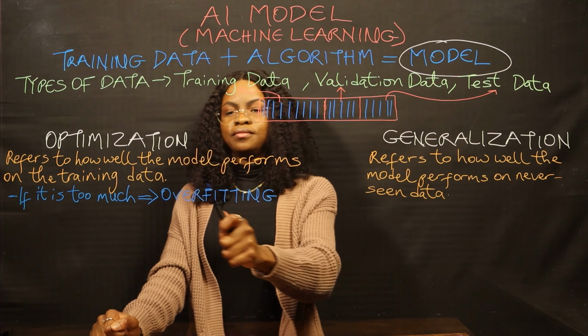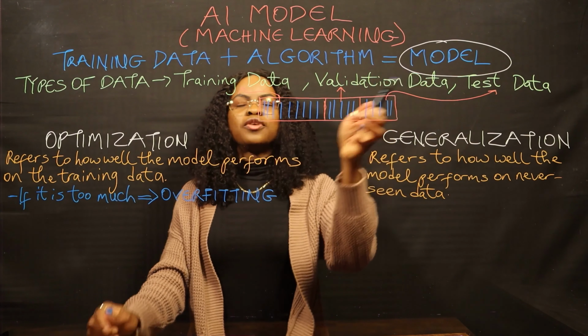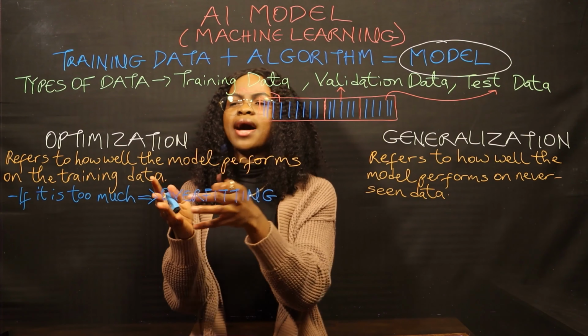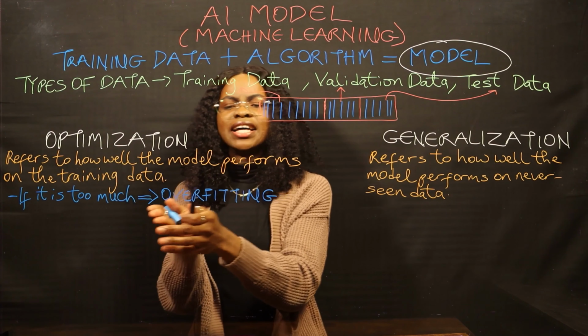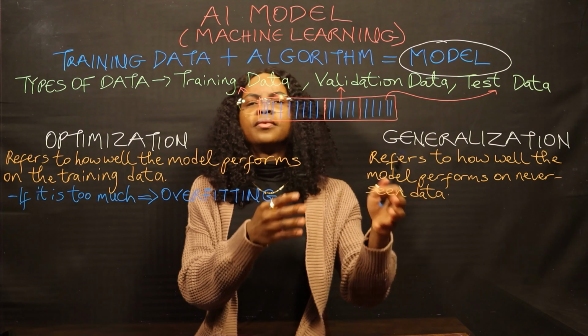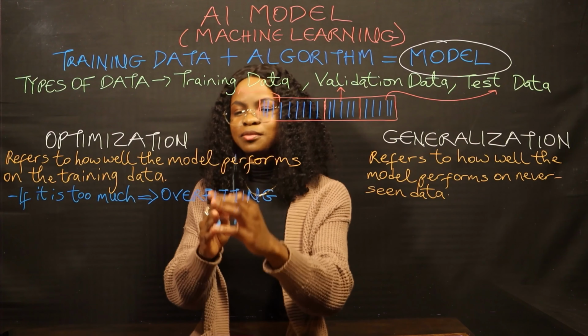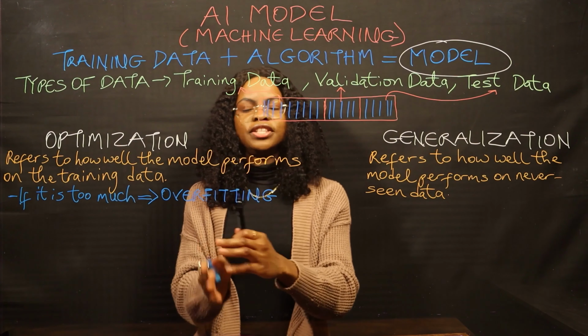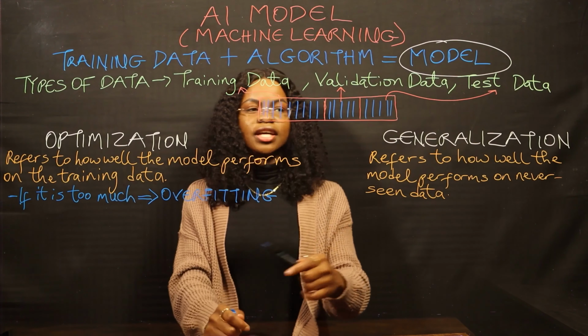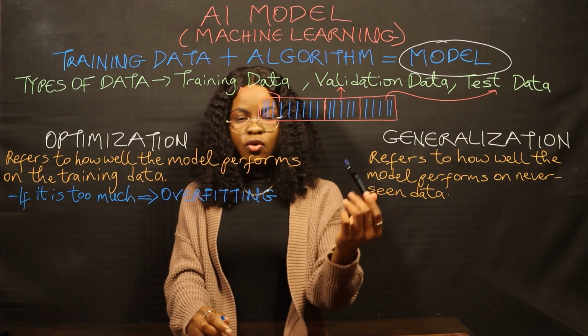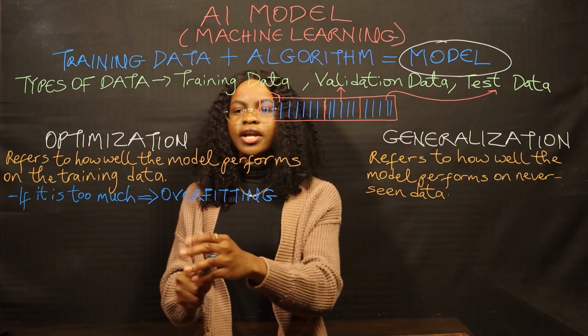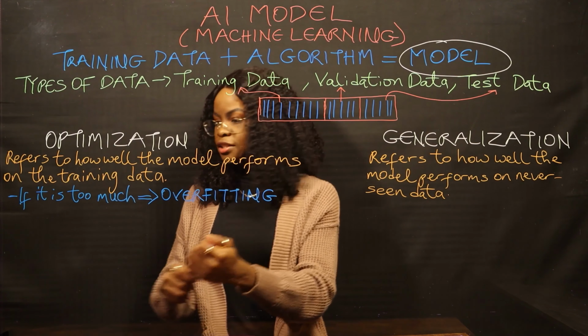Because the model has learned too much about the training data, it's not able to perform on never seen data before. So stay with me. I'll explain the concept of overfitting and underfitting. So now let's even just go there and explain what overfitting is.